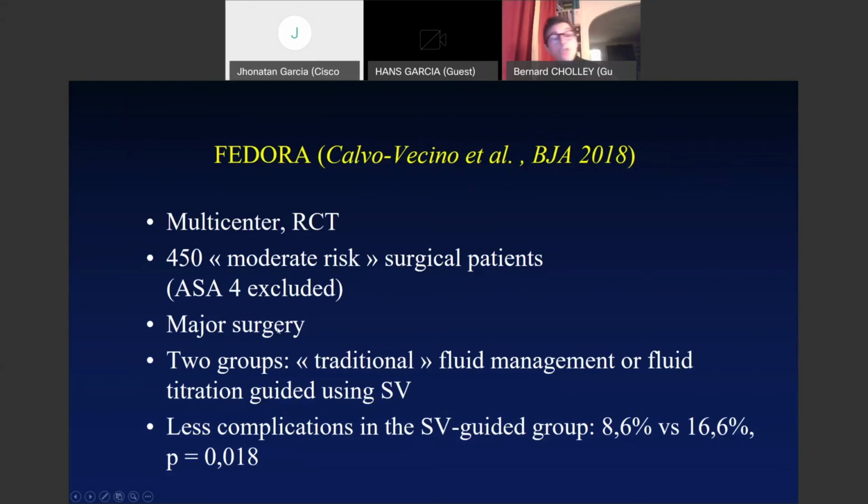All underwent major surgery, and they were dispatched between two groups: those who had a traditional fluid management, meaning, empiric fluid management, and those who had fluid titration guided using stroke volume measurement. And there was much less complication in the stroke volume guided group, 8.6% versus 16.6%, a very significant difference.